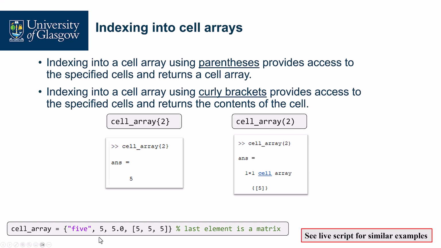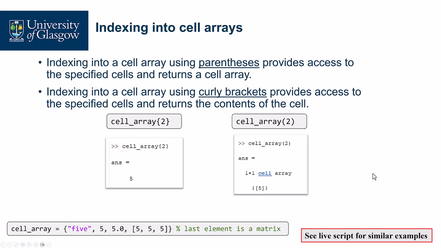The second cell is here, and the content is 5. You can see this 5 is not a cell array anymore, it's just a single variable, a number, right? So this is the difference. Using parentheses or curly braces, both are okay to access the elements of the cell array, but the return data type is different.